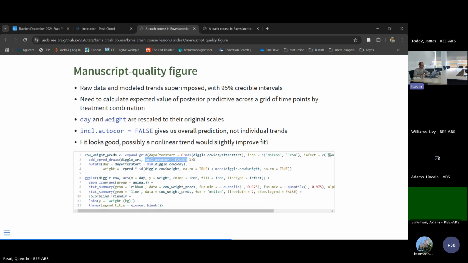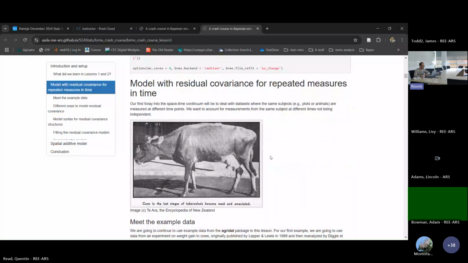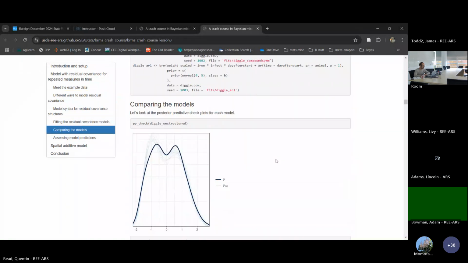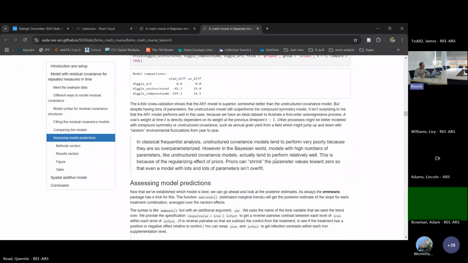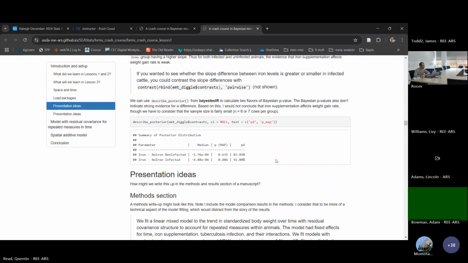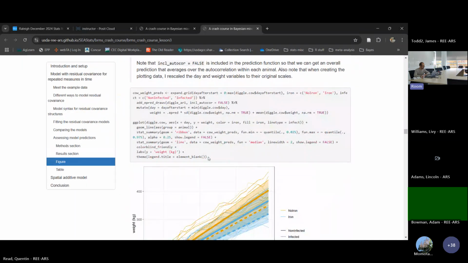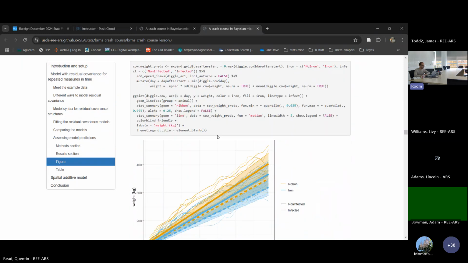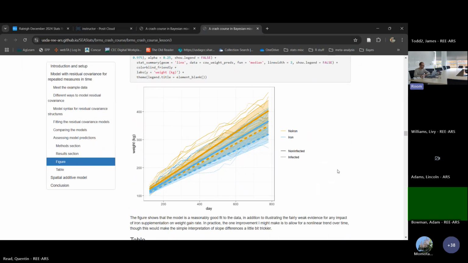We could plot the model predictions for individual cows if we wanted to, but typically I wouldn't do that in the paper. So let me see if I can pull up the code for that and show it in R real quick. I have it in the lesson text here. Actually, this is what the figure looks like. I'll just show it on the screen. You could copy and paste and run this code if you wanted to.